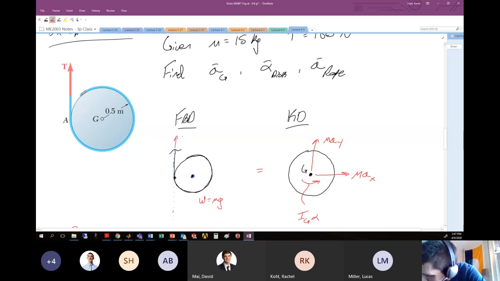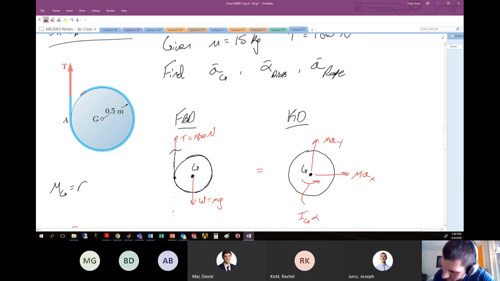So we had our tension here, T, 180 newtons. And we had our weight here. And our center of gravity is here. Okay, so hopefully we're good on that. So if I want to calculate what the moment is from this tension force about point G, then the moment about G is R, this is A, arriving at A from G, crossed F. Hopefully you learned that moments are R cross F in your statics class.